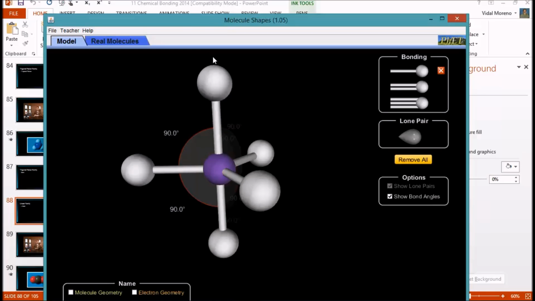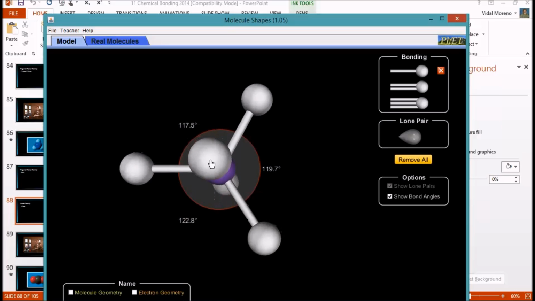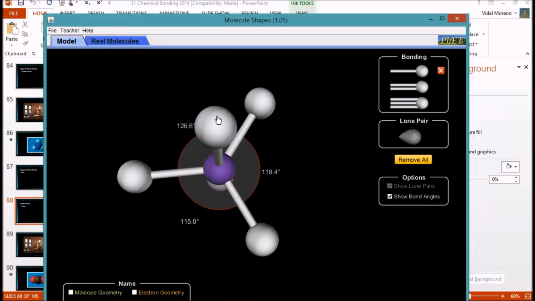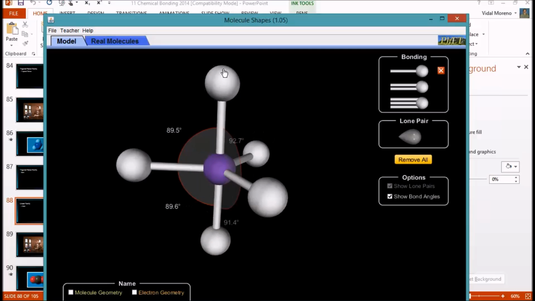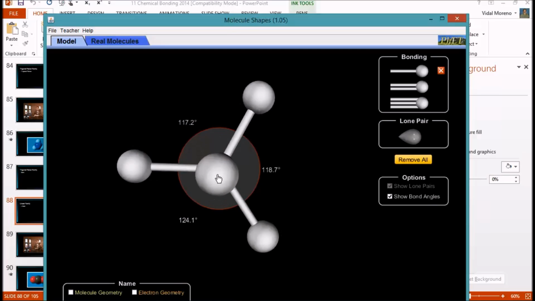Okay, let's take it apart. The middle is a triangle, and then you have a top and a bottom. How many angles do you have? The middle has 120.